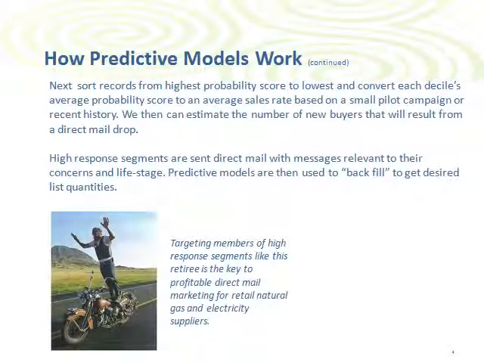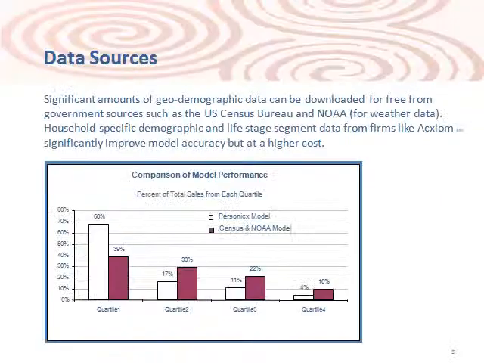Predictive models are then used to backfill to get to desired list quantities. What we had found with a lot of retail natural gas and electricity buyers is that retirees and older consumers tend to be more responsive than younger customers or prospects.